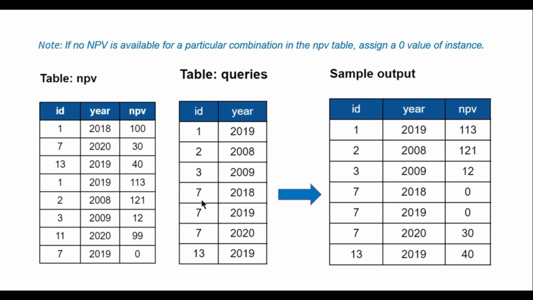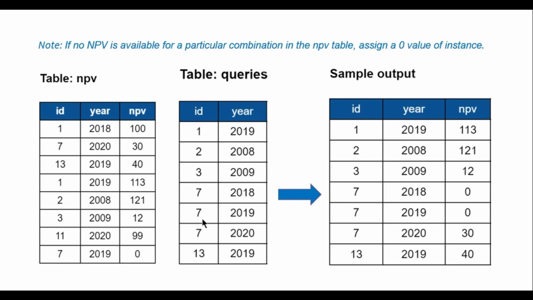Now for the combination of 7 and 2018, there is no NPV value present, and since we have been given that if no NPV is available for a particular combination in the NPV table, we have to assign a 0 value, in the output table we have assigned NPV 0 for this.